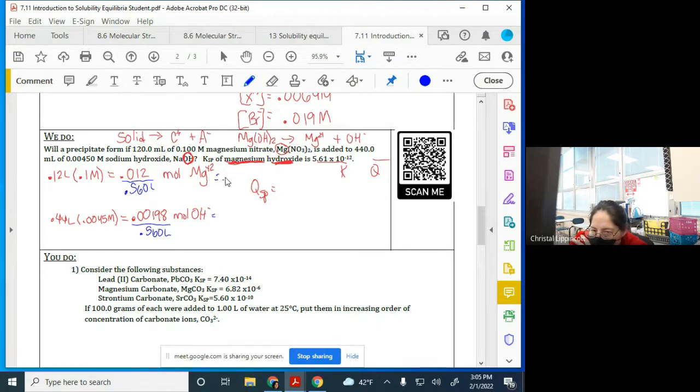So now, instead of my magnesium, the concentration was 0.1, it's actually 0.0214 because we added in a lot more liquid to that, didn't we? And this guy becomes 0.00354 molar. He was here. Now he's here. He's gotten more dilute because we've added more liquid in, haven't we?